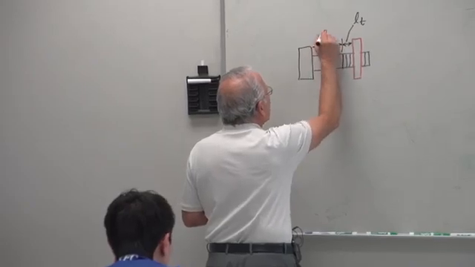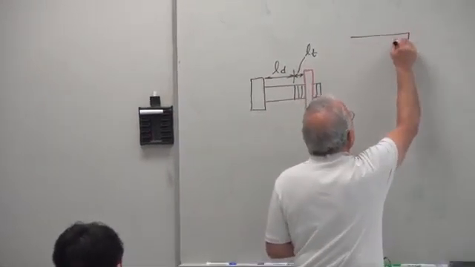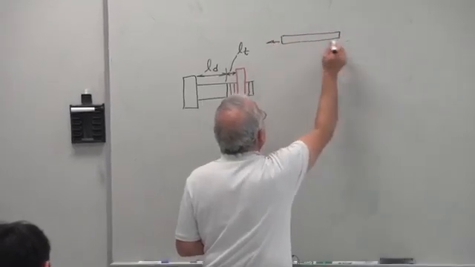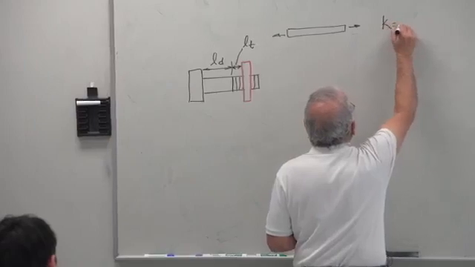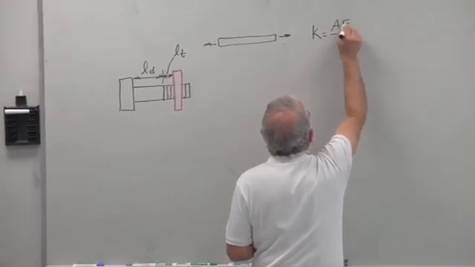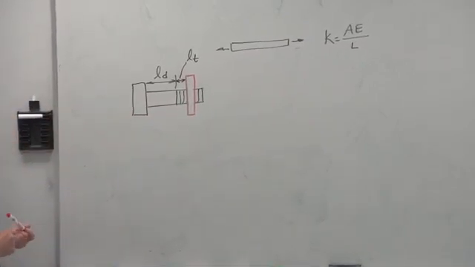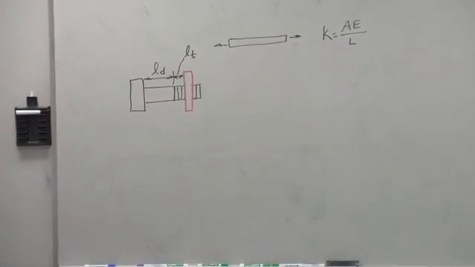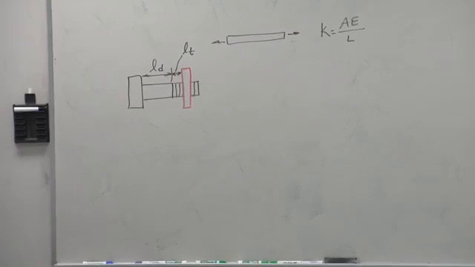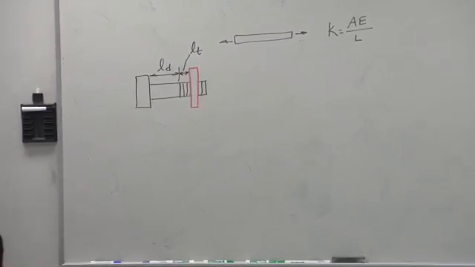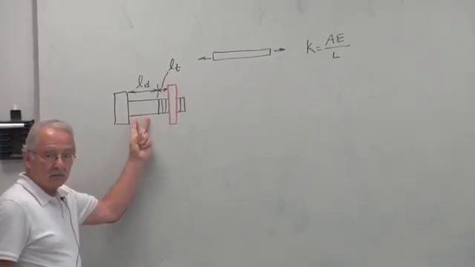We call that ld. Then we said for each axially loaded member like this, we can define a stiffness as AE over L, where A is the cross-sectional area, L is the length, and E is the modulus of elasticity. We applied that equation to both parts.